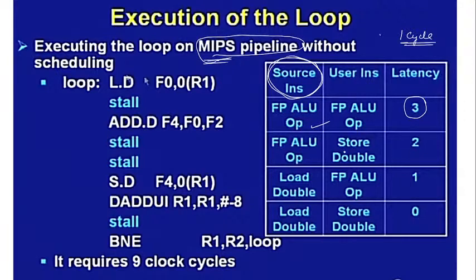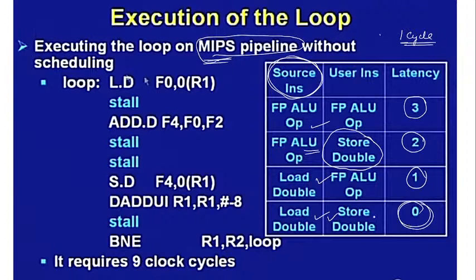If the source instruction is a floating point arithmetic and the user instruction is a double store operation, then it takes 2 clock cycles. Then load double takes 1 extra clock cycle. If the user instruction is a store, it does not take any extra clock cycle, 0 latency.